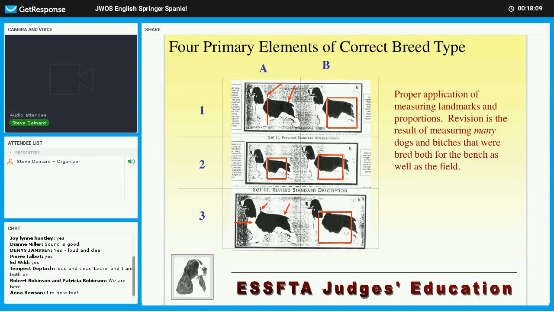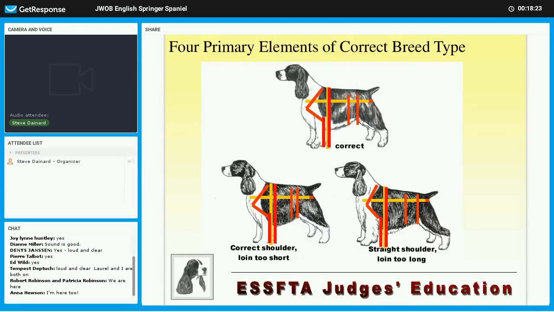We're looking here at placing the square box around the animal, and how you're going to look at those proportions from a distance when you evaluate your line of dogs. Here, the top exhibit is more correct as far as proportions are concerned. We're looking for any length in the body to come from rib, not from loin.